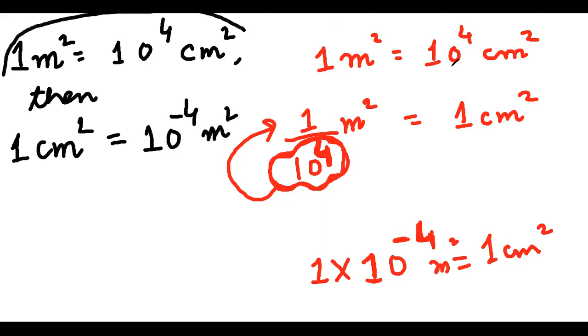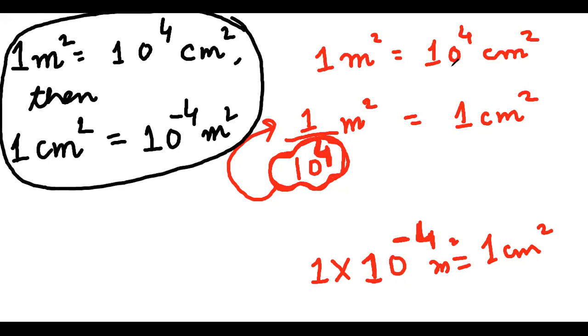So 1 meter square is 10 raised to power 4 centimeter square, while 1 centimeter square is equal to 10 raised to power minus 4 meter square, because the power was coming in the denominator. Therefore, we have taken it in the numerator.